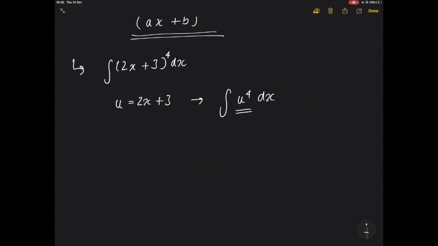This seems to be quite simple, but that's not all right, because we have a u here now and we don't actually have a du, which we need to be integrating with respect to u.